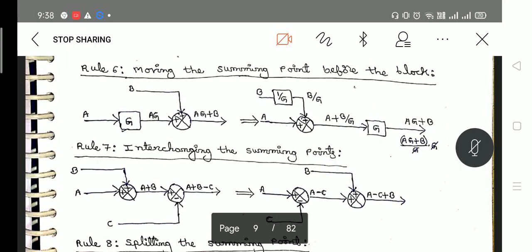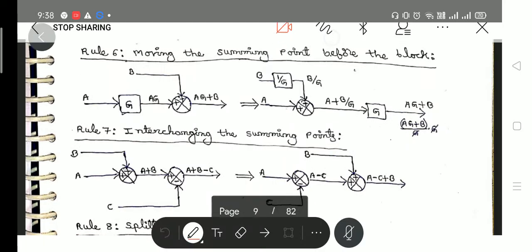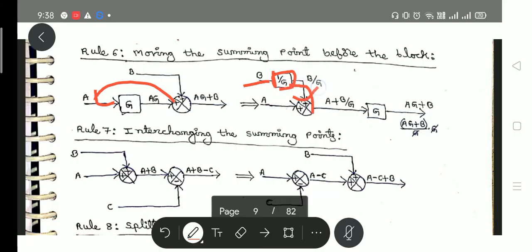You can observe here: I am taking this summing point to before the block. What will we get? In the feedback link 1 by G is obtained.